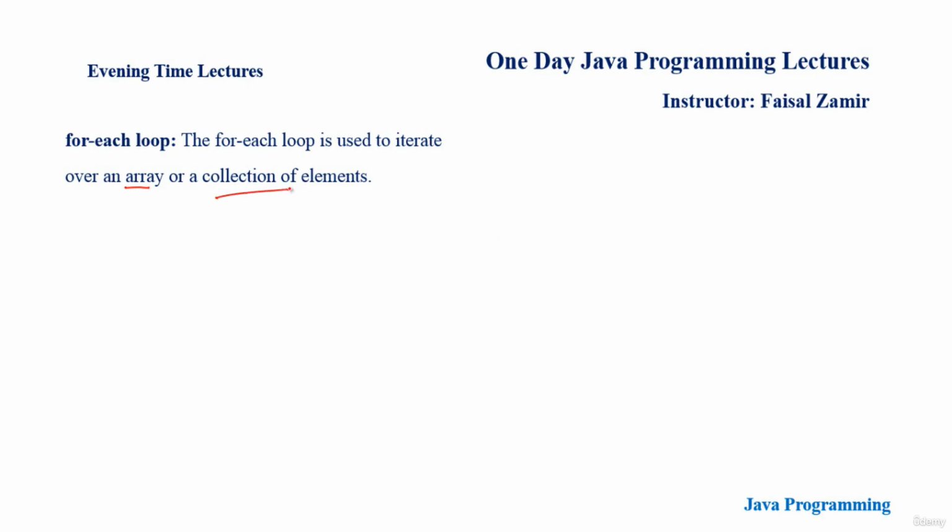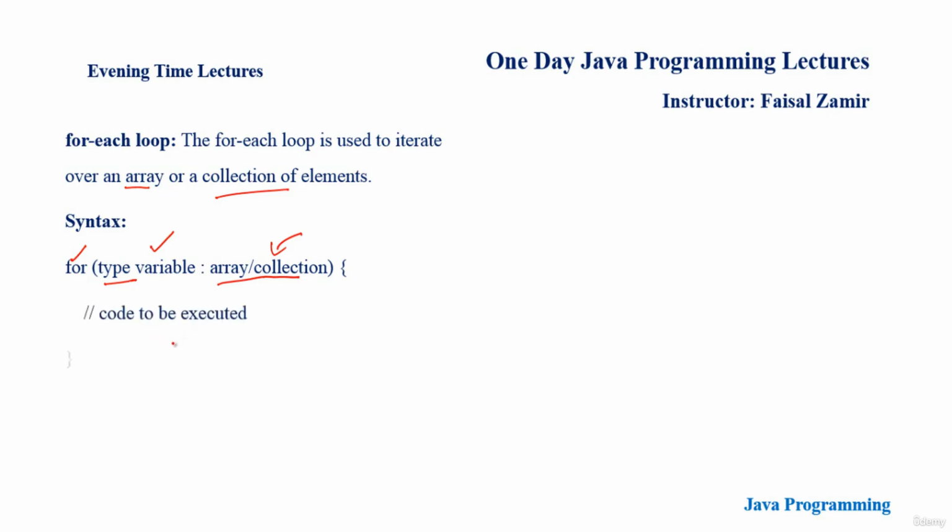A collection of elements means any data which is a collection of elements, maybe a string, maybe a list or tuple in case of Python. The for each loop syntax is that you write for, then type your variable, colon, your collection, your iterable object or array variable, and then the code which you want to execute.